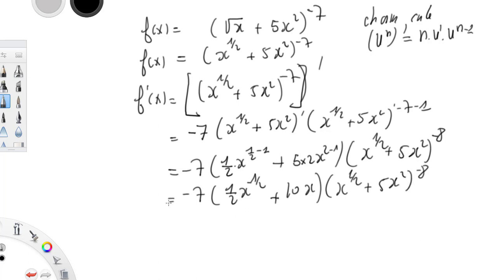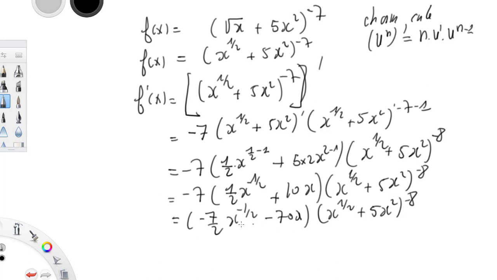And if you want, you can expand the expression: negative 7 times 1 over 2 is negative 7 over 2 times x to the power of negative 1 over 2, and negative 7 times 10 is negative 70x, times (x to the power of 1 over 2 plus 5x squared) to the power of negative 8. And you can stop here as the answer. This is the derivative of the function using the chain rule.